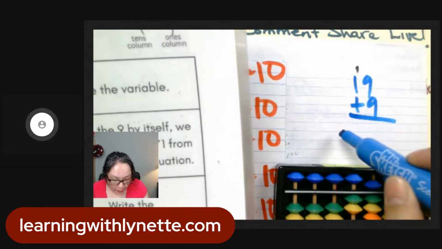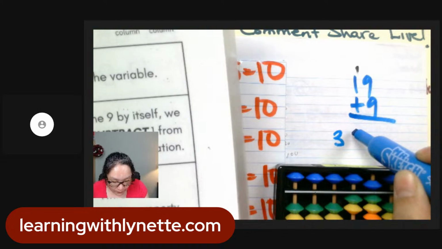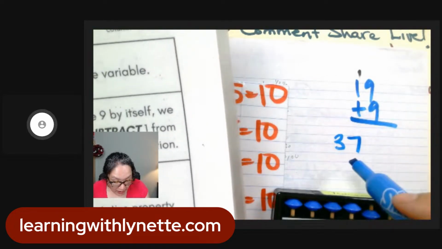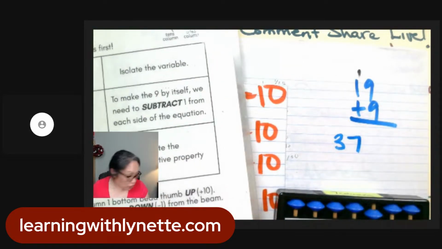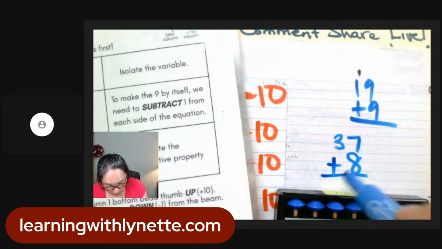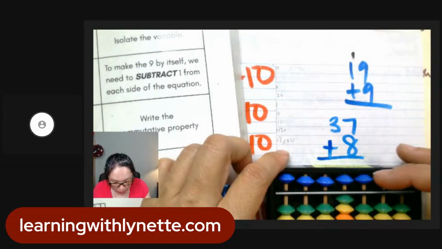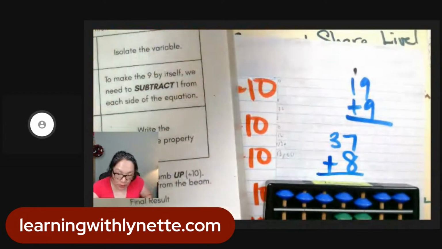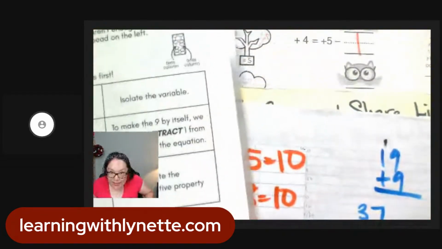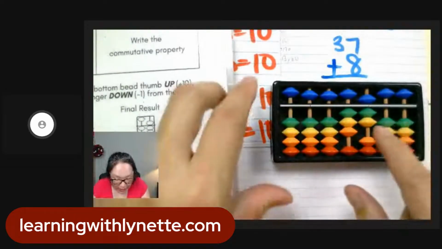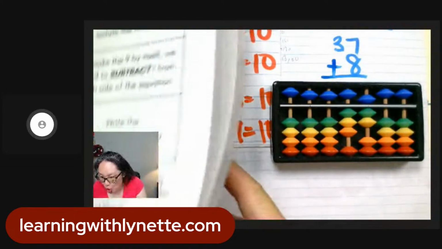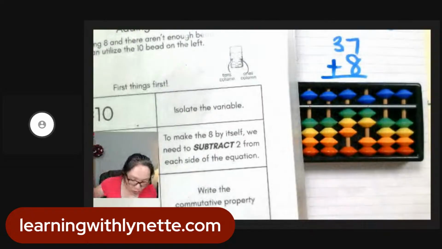Let's do 37 plus 8. Right? So we're going to do 37, we do 30, we do 7. And then what are we going to do? We're going to plus the 8. When we plus the 8, do we have enough beads to plus the 8? No, we don't.